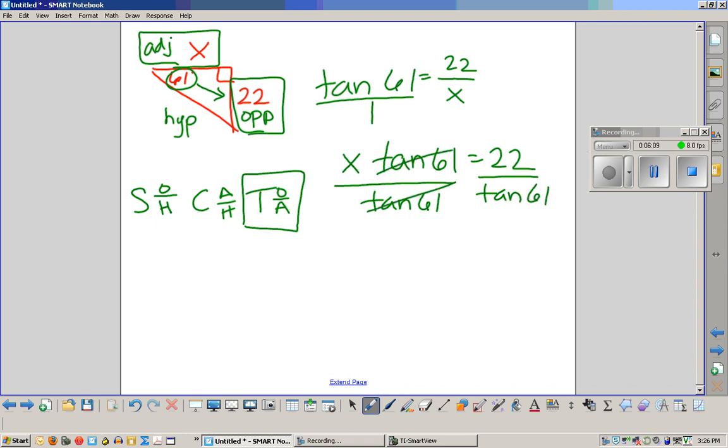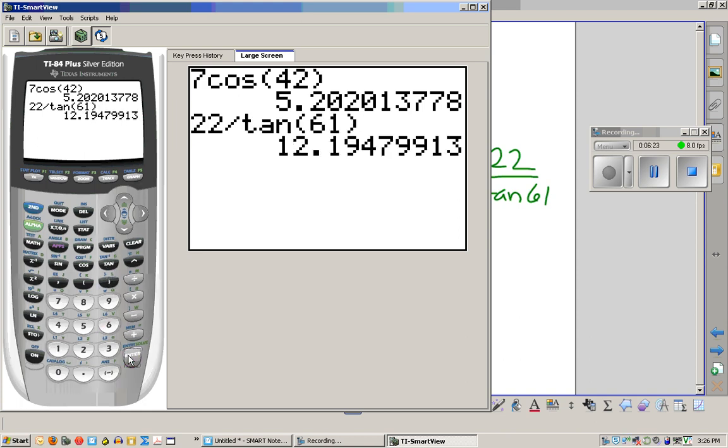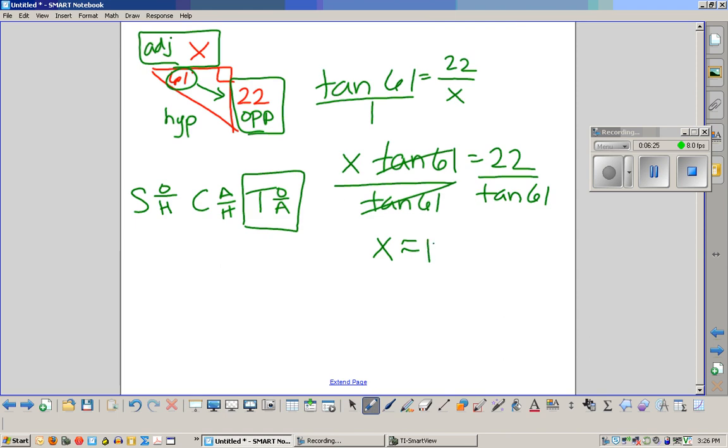Okay, those cancel out. So x approximately equals, let's go back to our calculator. We're going to type in 22 divided by the tangent of 61. Enter. About 12.2 units. Okay, and there's our example of how to apply our trig ratios.